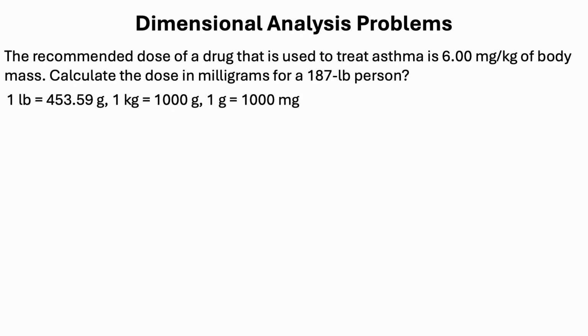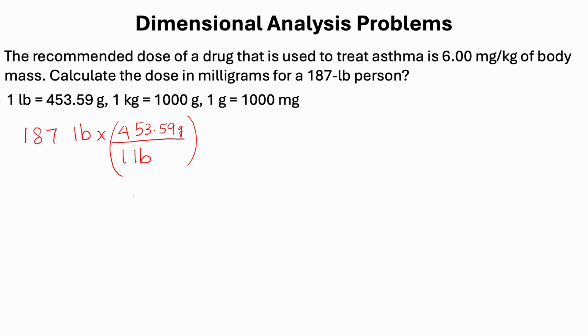Let's start that way. So 187 pounds, we are going to convert that into kilograms. In order to convert that into kilograms, first you want to convert this into grams, because there is no direct conversion between pounds and kilos, you have to go through grams. So 1 pound is equal to 453.59 grams.